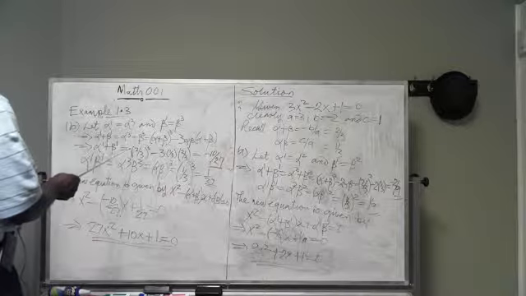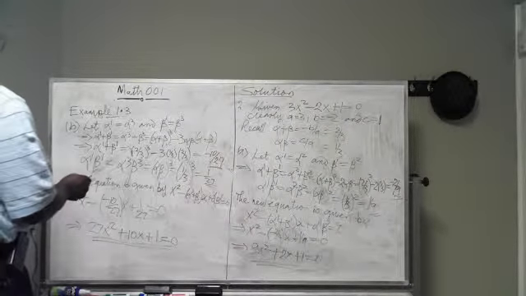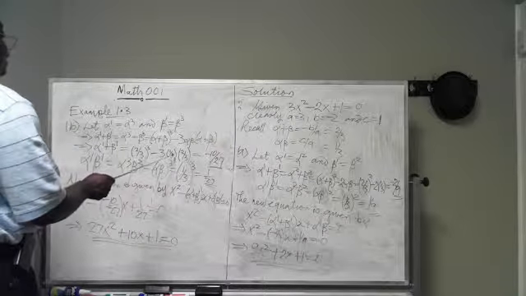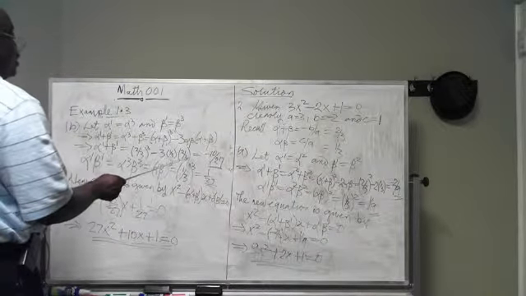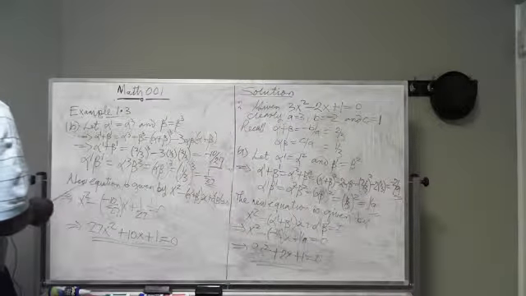Slotting in figures, we have alpha prime plus beta prime equals 2 over 3 all cubed minus 3 into 1/3 into 2/3. Upon simplification gives us minus 10 over 27.